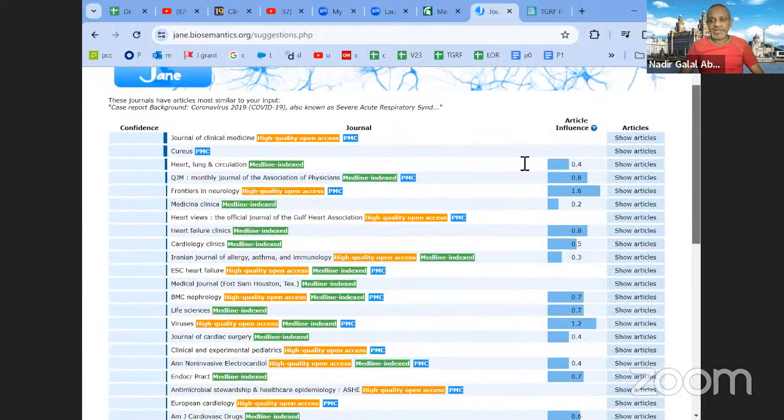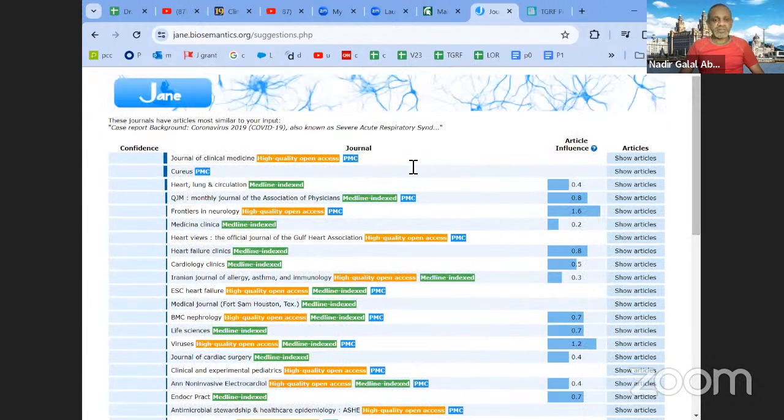These are very high impact factor journals. So it depends on whether you want to just publish something or you want to go ahead with high impact. Sometimes the cost might play a role as well.